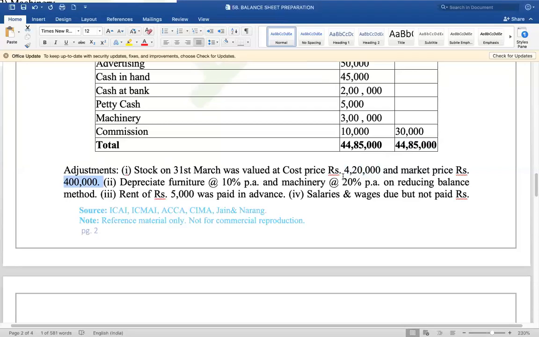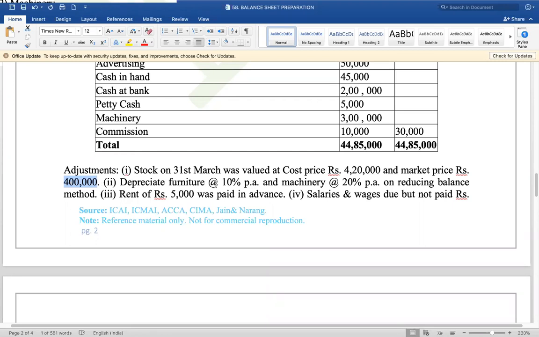Now, which value shall we take? There are two amounts given, 420 and 400. Which shall we take when valuing the stock? Principle of conservatism: whichever is lowest, we will consider this.